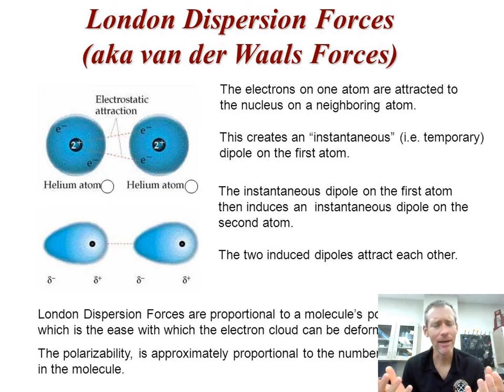Like in a helium atom, some of the electrons will be on one side of the atom and some of the electrons will be on the other, and that causes a temporary positive and negative charge, and that will allow them to attract each other. But since it's temporary, it will break apart. That's why helium is a gas at room temperature, because of the temporary forces.